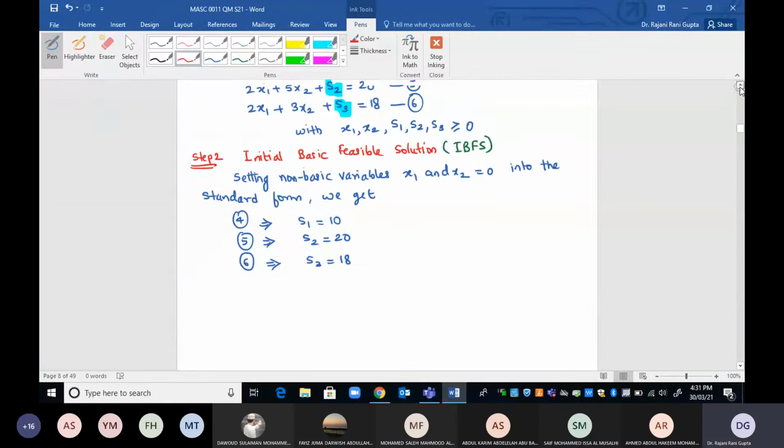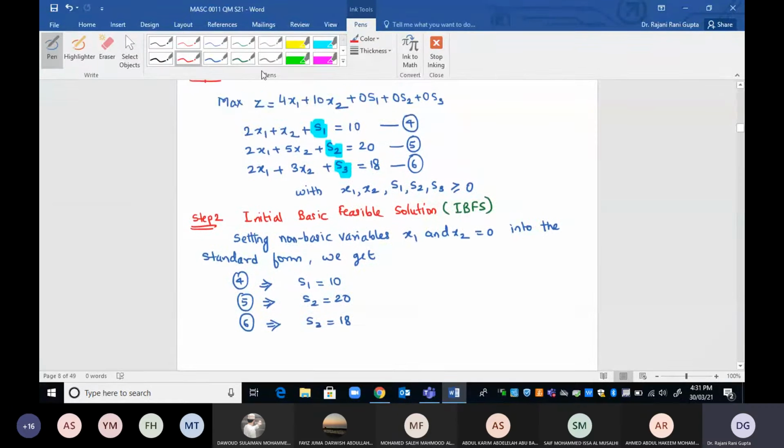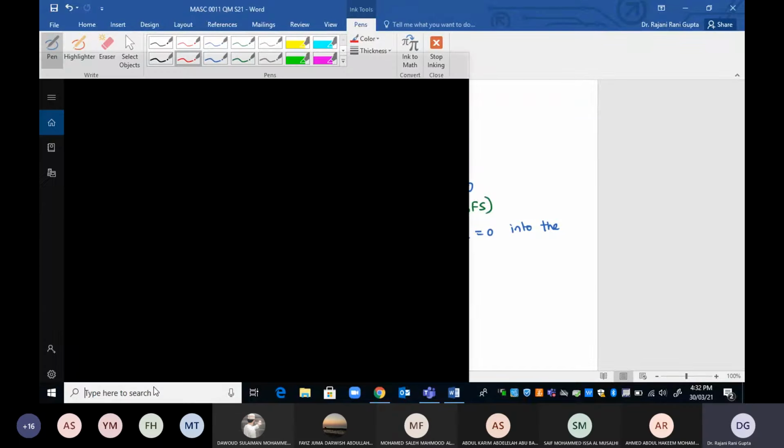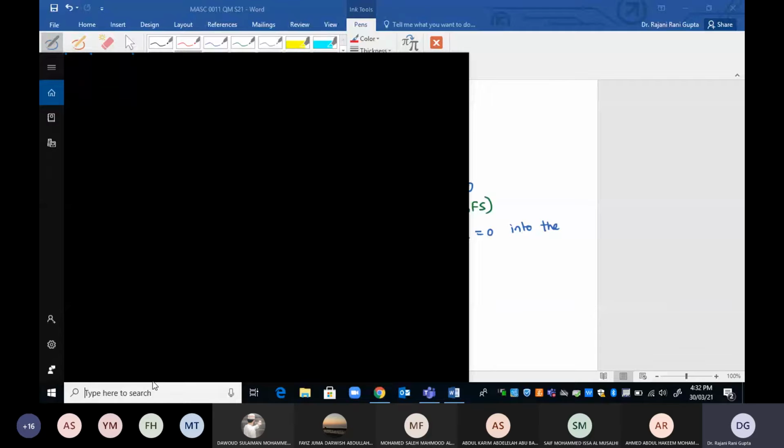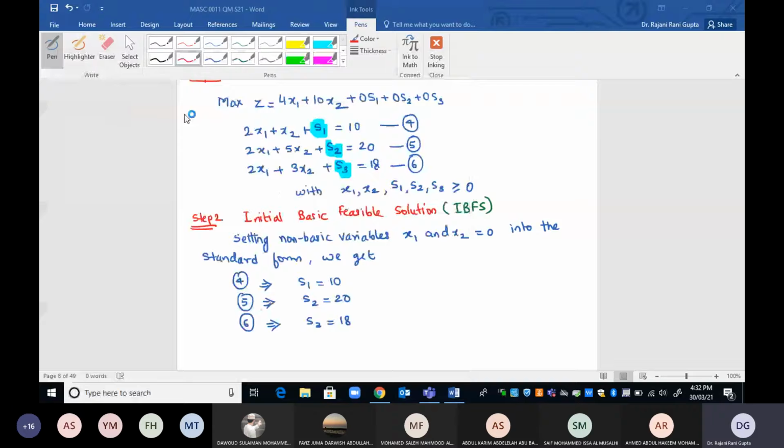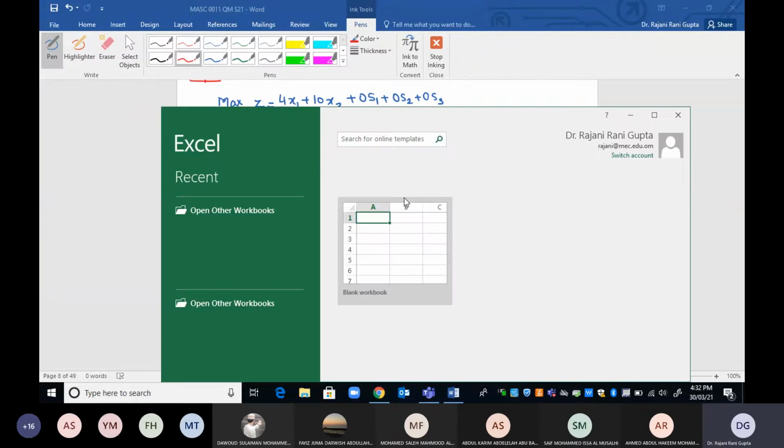It should have all the variables x1, x2, s1, s2, s3. Okay, just give me a moment. Let me try to do it in Excel. Maybe it will appear much simpler. Let me see if I can write. Yeah.